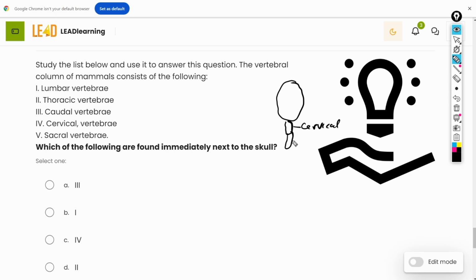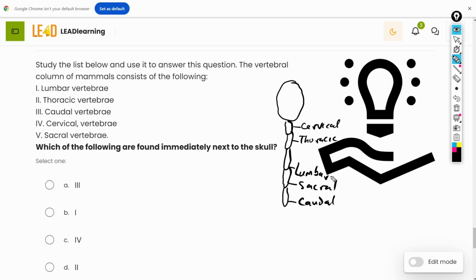This is then followed by the thoracic vertebra. Then the thoracic is followed by the lumbar vertebra. And the lumbar vertebra is followed by the sacral vertebra. And finally, the sacral vertebra is followed by the caudal vertebra.